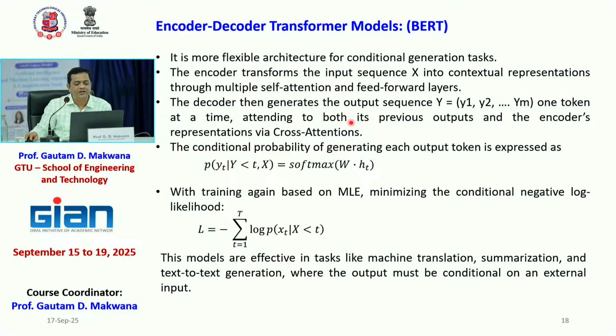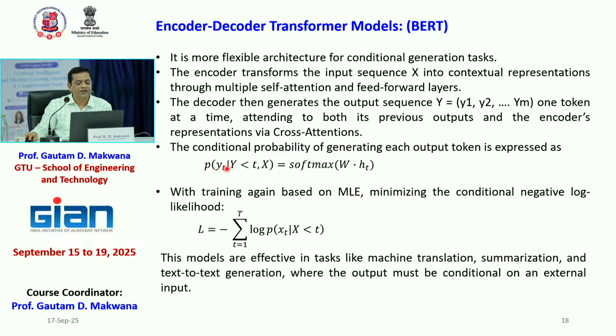The decoder then generates the output sequence Y one token at a time, attending to both its previous output and the encoder representation via cross-attention.